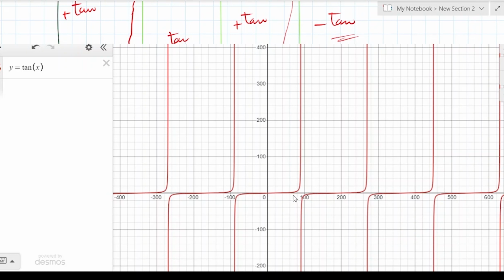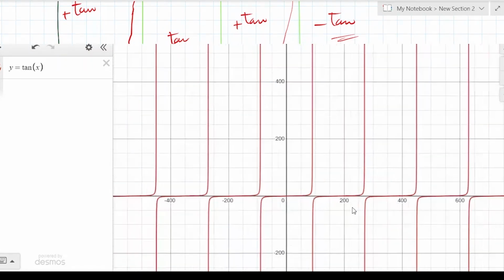It is not exactly on x-axis. I will zoom it in, and then you will see that this is not exactly on x-axis, and the point where this graph is moving upwards and this is moving downwards, exactly between them there is 90 degrees. The value of 90 degrees is between them.